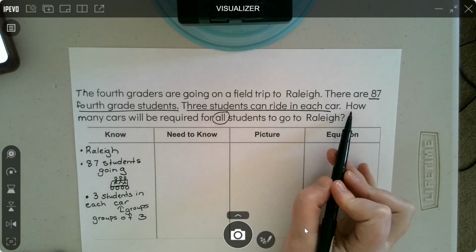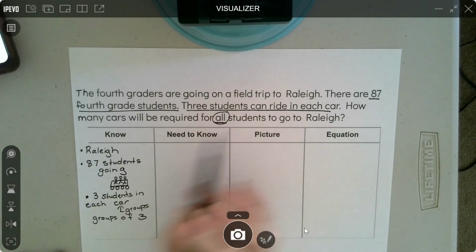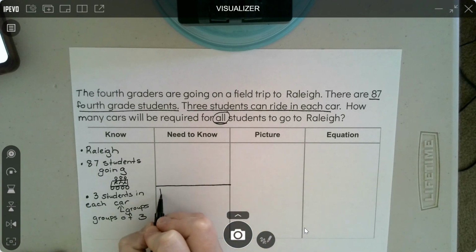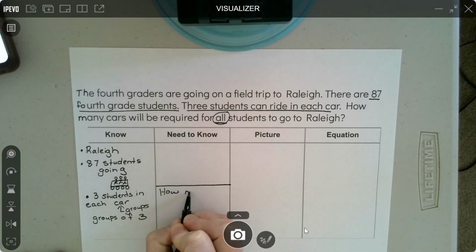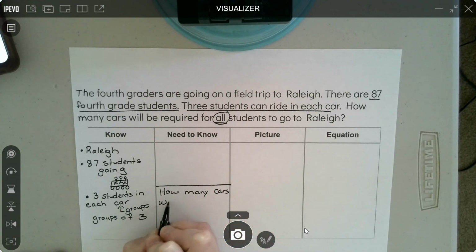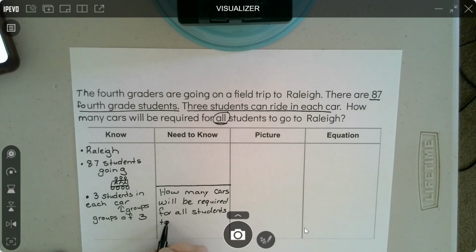Then it says, how many cars will be required for all students to go to Raleigh? So that's our big question. I'm going to write that one down here. How many cars will be required for all students to go to Raleigh?